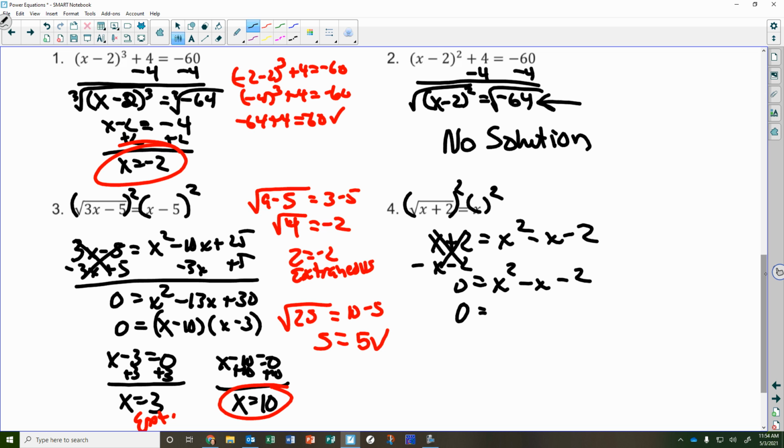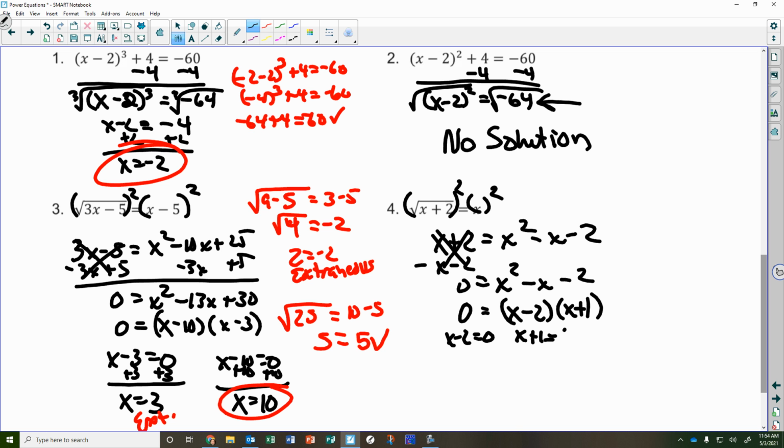So I'm going to have x minus 2 and x plus 1. And if I set them both equal to 0, x equals 2 and x equals negative 1. So let's check them.